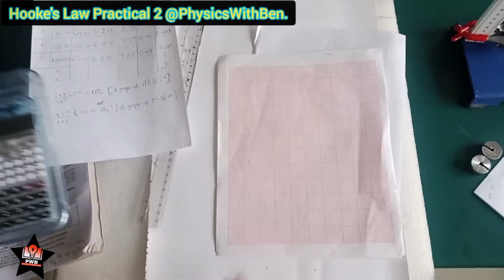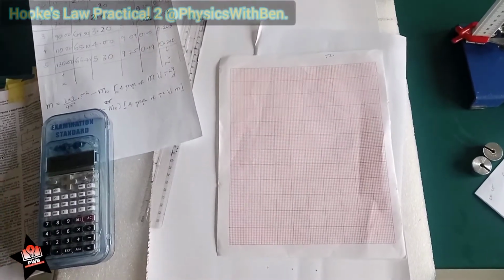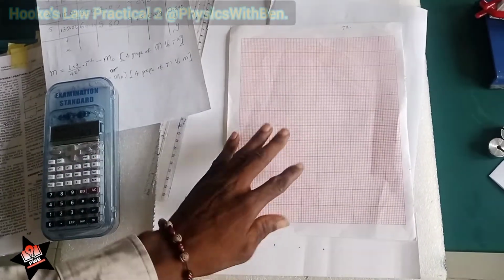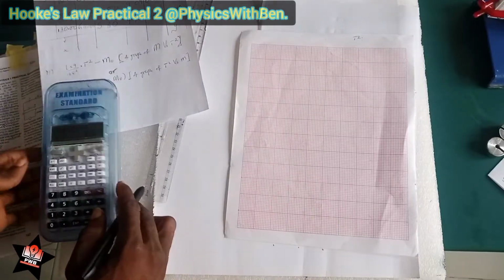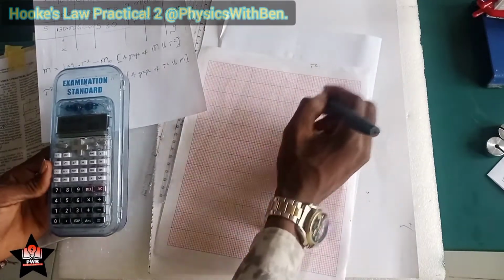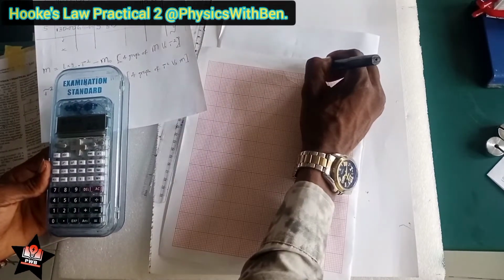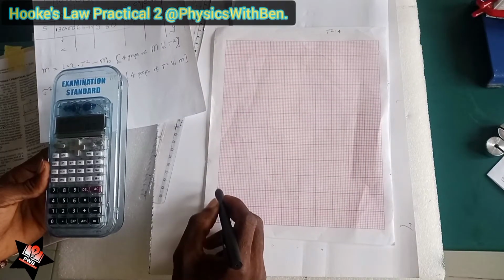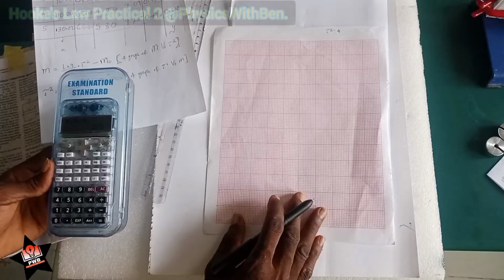So based on my calculation, we say that on the vertical axis, let 4 cm be equal to 0.05 units. So right at 4 cm, this is 2 cm, this is 4 cm.